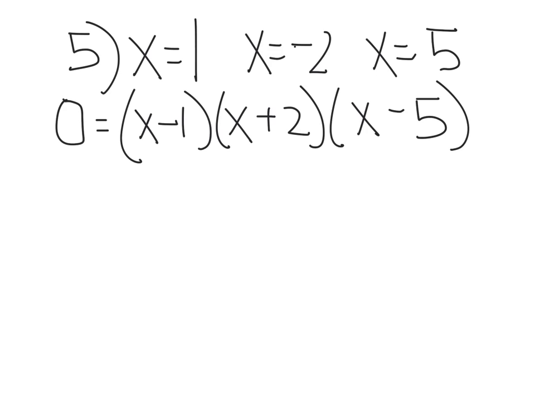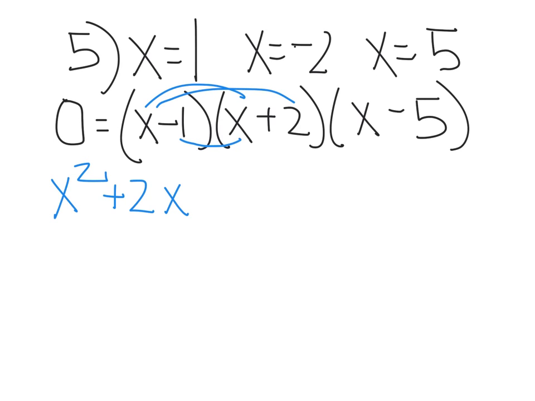And now, again, if I want to write this cubic equation in standard form, then I'm going to multiply everything together. So here's where people get a little tripped up. So I'm going to show you how to do this nice and slow. So I first like to just multiply the first 2 binomials together. So that's what I'm going to do. X times x, x squared, x times 2 plus 2x.